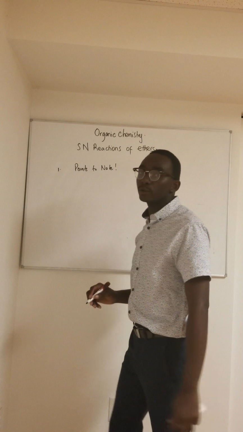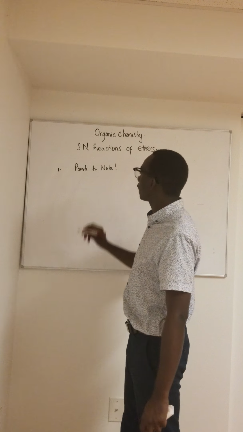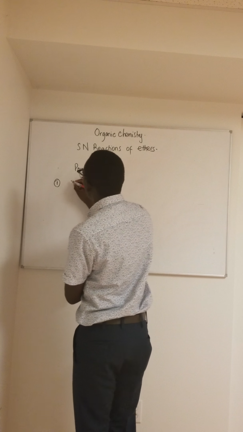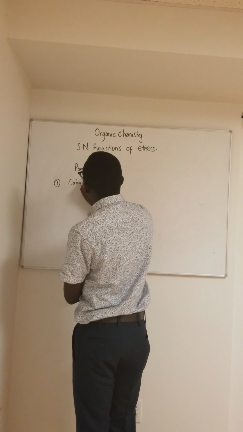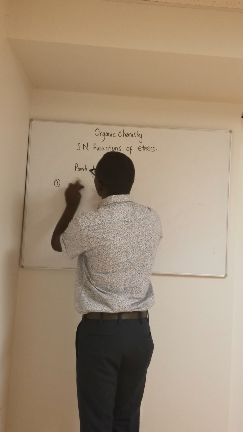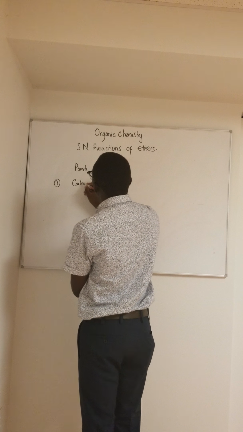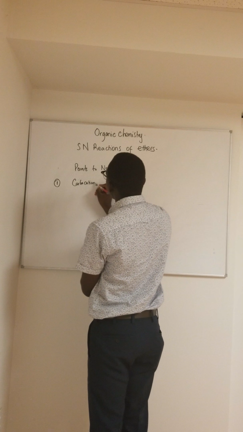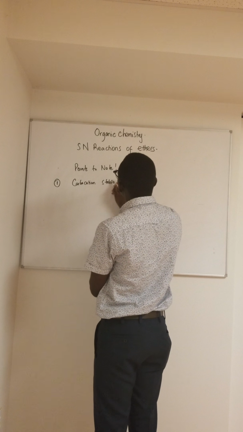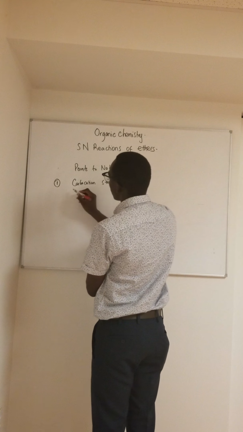We are going to see what reasons make alcohols or ethers good leaving groups, and what we should look out for when we are given a problem, to see what the major product is. So we shall first look at carbocation stability, that's number one.